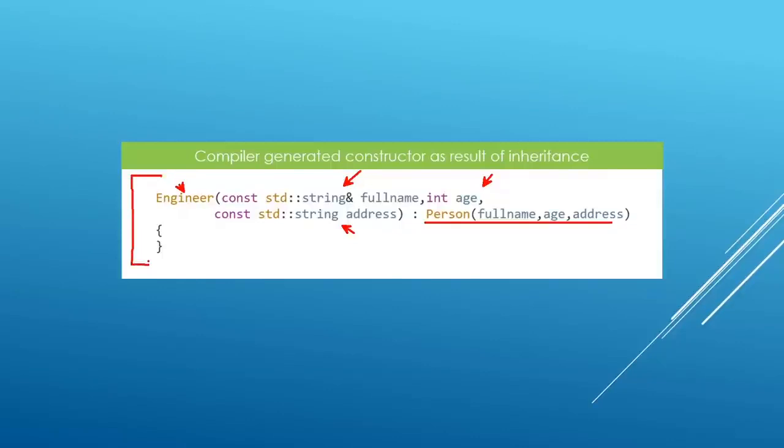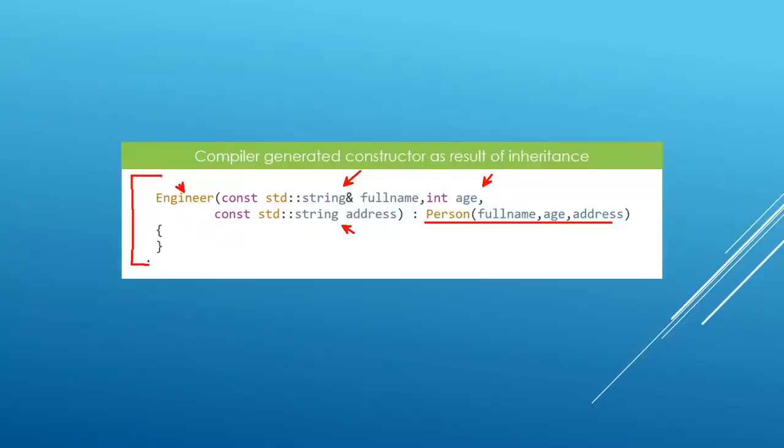Hopefully you can see that this is called inheriting a base constructor, because all this constructor is really doing is initializing the base member variables. It's not initializing any member variable that belongs to the engineer class. So the engineer part of us is going to be basically empty, containing junk data that we get by just calling the default constructor, and we will only be initializing the data belonging to the person part of us.